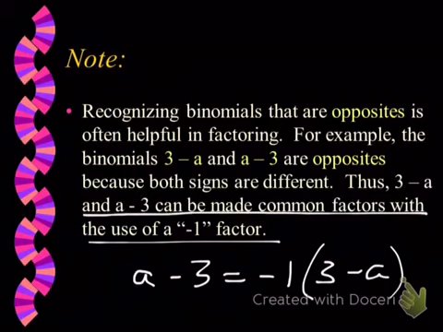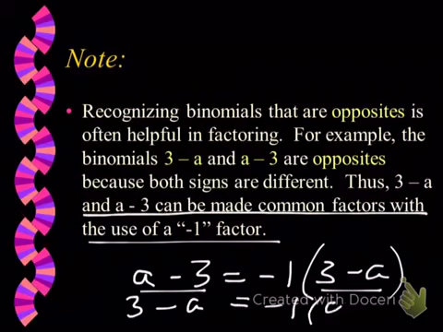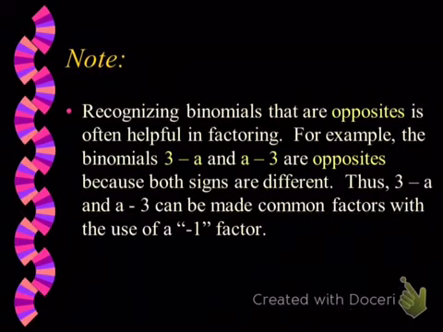Does everybody agree with that? Yes? So you can factor out a negative 1 and change a minus 3 into 3 minus a, or you could factor out a negative 1 and change 3 minus a into a minus 3. And that's going to be helpful to us at some point in time. All right? Now, next example.